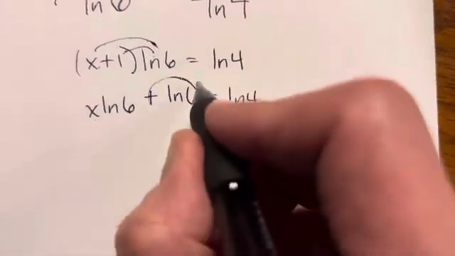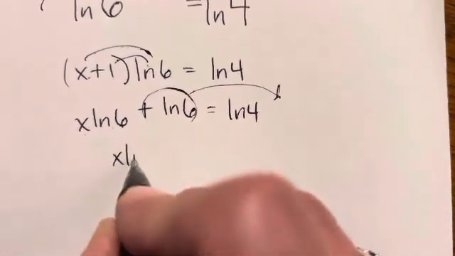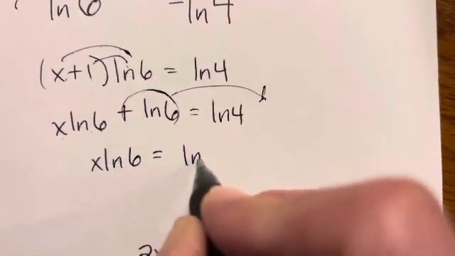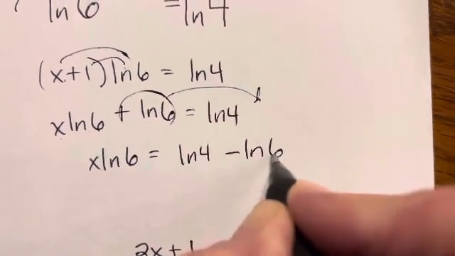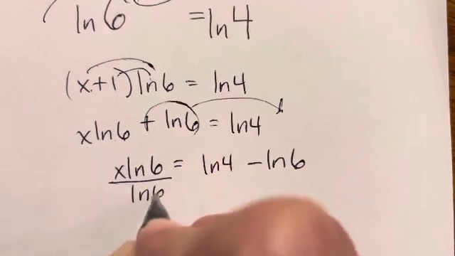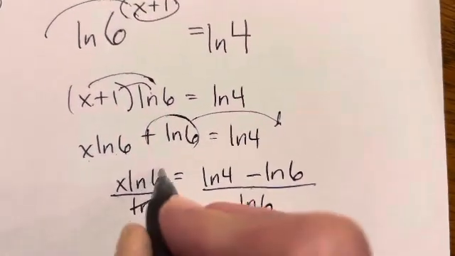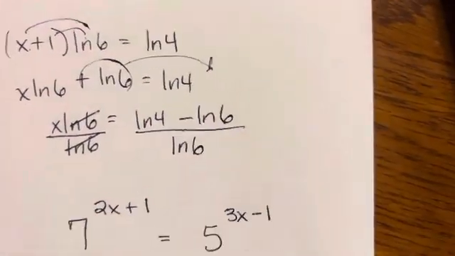Then I'm gonna move this to the other side. The opposite of adding is subtracting, so I would have this minus the natural log of 6. And this says x times, so the opposite of multiplying is dividing, so I would divide by the natural log of 6. So that would be my answer right there, okay?